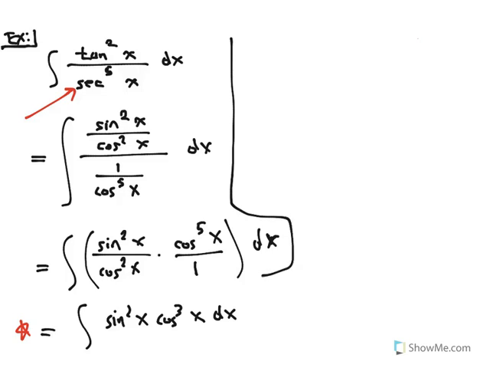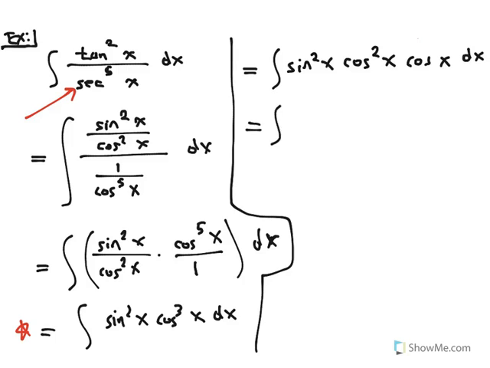We can write cosine cubed as cosine squared times cosine. And then we can use a Pythagorean identity to rewrite cosine squared as 1 minus sine squared.